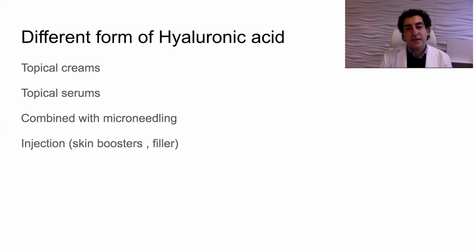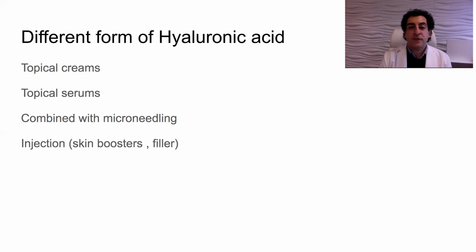But we all know that usually topical creams and topical ways to apply hyaluronic acid are not as effective as injecting, although this combination always helps the most: topical plus injectables. By injection of hyaluronic acid, we are trying to boost and help your skin to hydrate and rejuvenate.